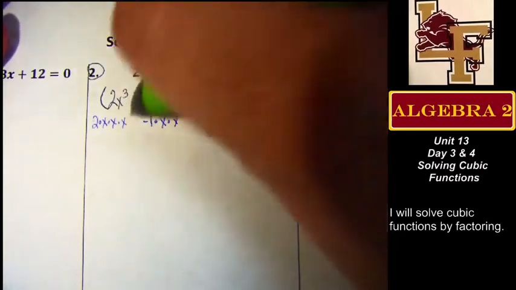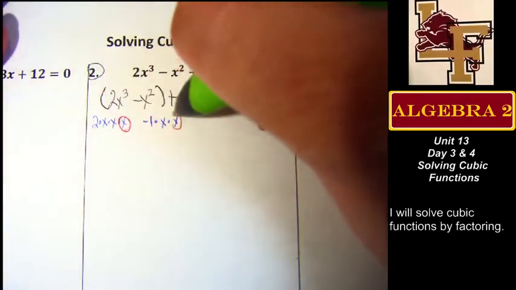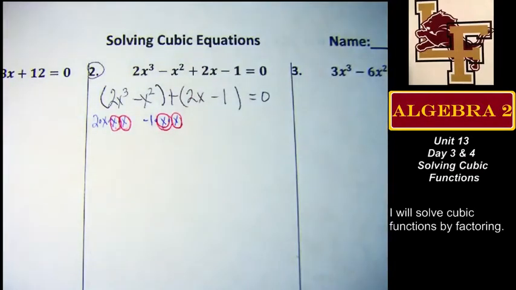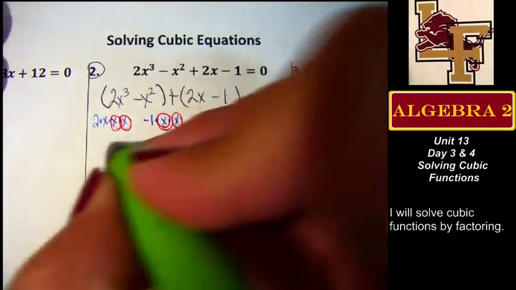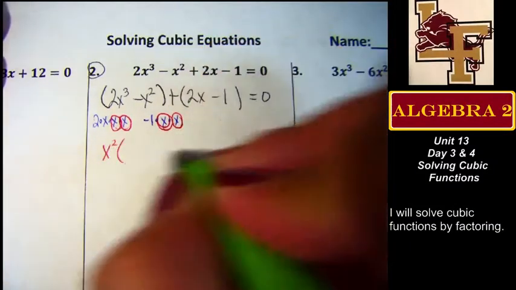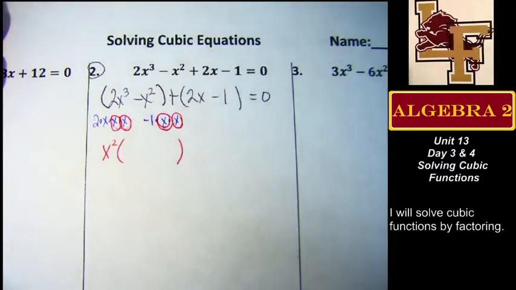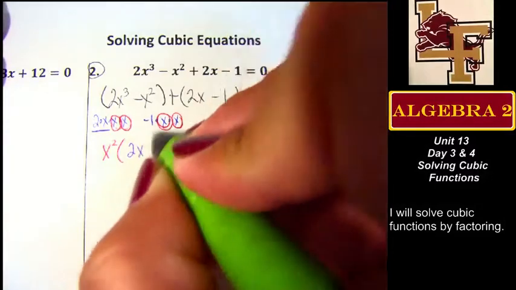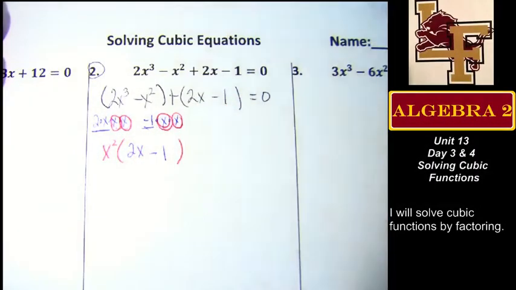Now I'm going to circle things that they have in common. They have an x in common. They have another x in common. That's it. They have an x squared in common. So I'm going to write down that common factor, and then in parentheses, I'm writing the stuff that they don't have in common. In this case, a 2x and a -1.